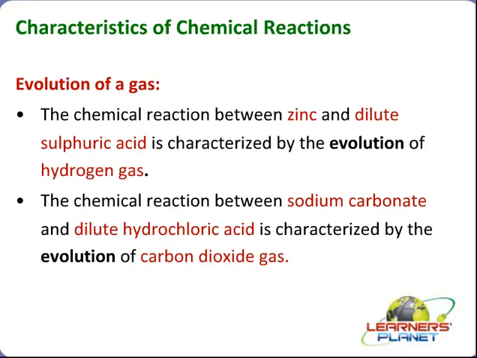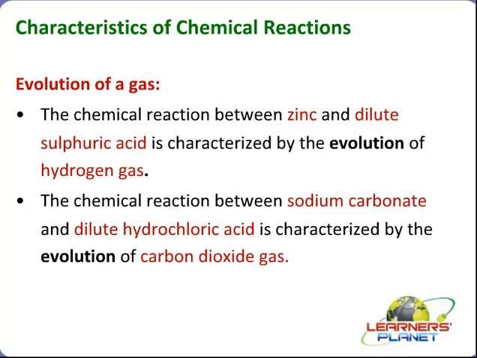Okay, now let's take another example, that is the reaction of sodium carbonate with dilute hydrochloric acid. Now, I know students, these are new terms for you, but we'll soon be discussing their chemical formulas and we'll be writing their equations.